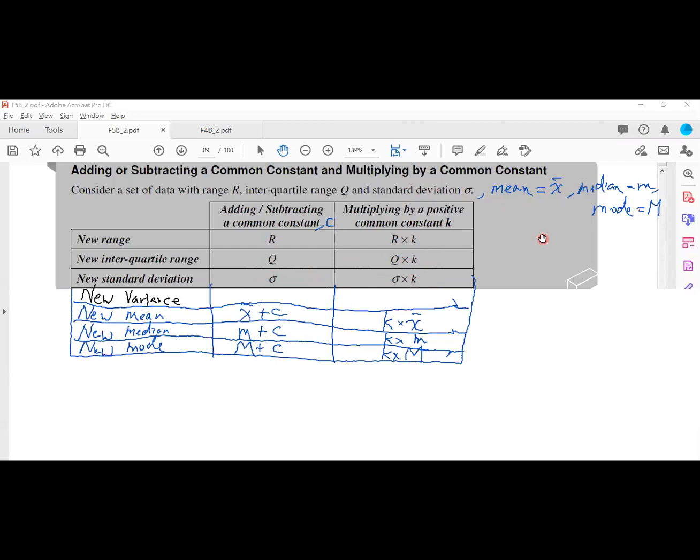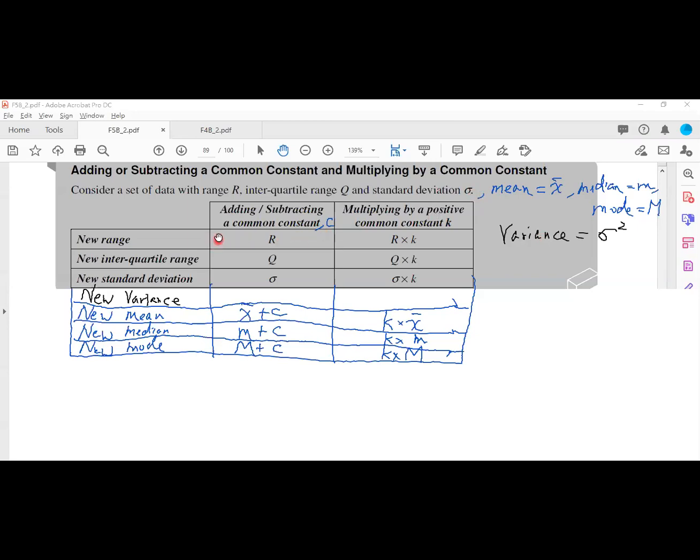variance. Do you remember what I said variance equals? Variance is just equal to sigma square. OK? This is if the original standard deviation is sigma.